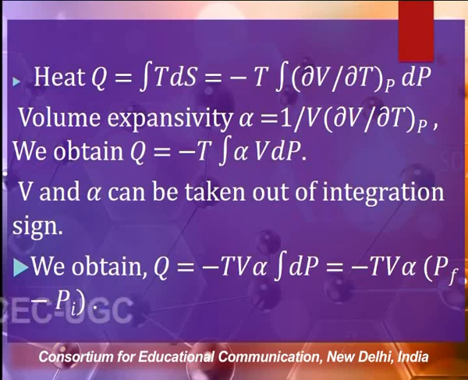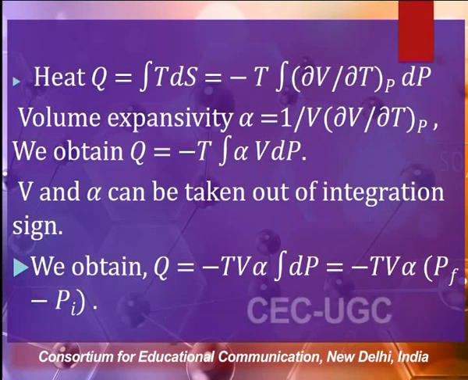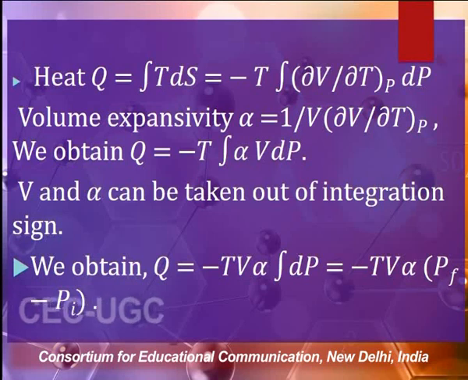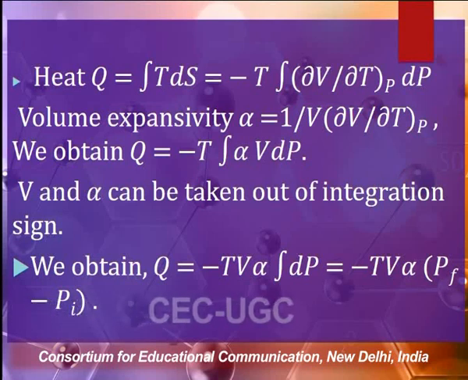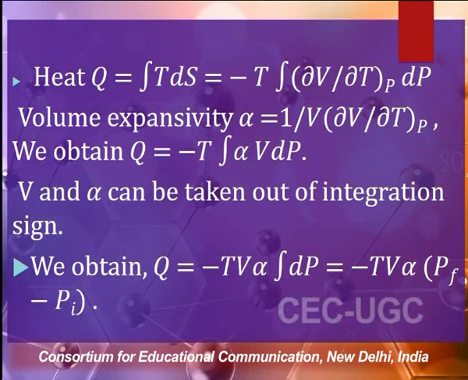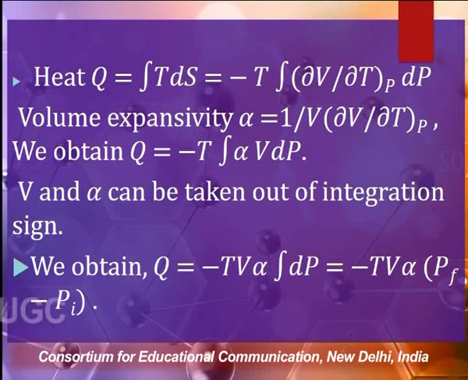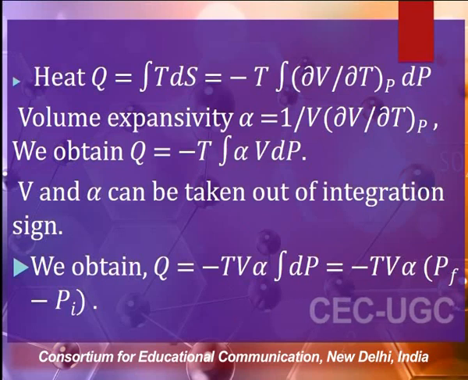Now here I define a very important parameter in thermal physics called the volume expansivity, or it can also be called the coefficient of volume expansion. Alpha denotes this particular quantity, and alpha is equal to 1 by V (∂V/∂T) at constant pressure.